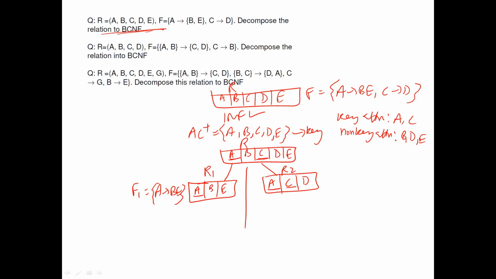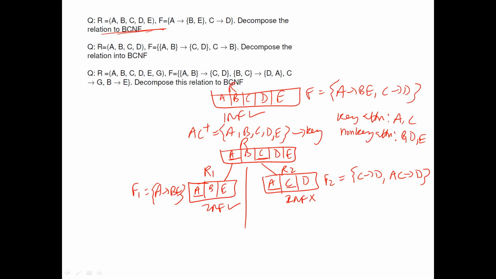AC is my key, right? Students, here F2 will contain what? C to D is there, as well as AC to ACD I can get. Is R1 present in 2NF? Yes. But if you check R2, it is not present in 2NF. Why is it not present in 2NF?